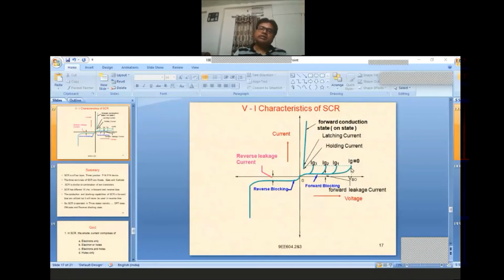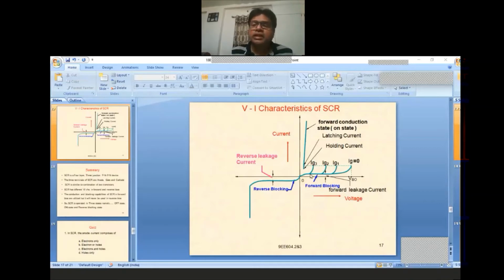And the same concepts are applicable to all the thyristor family devices where you can control the action at least up to some extent. That is why all these are called controlled converters.